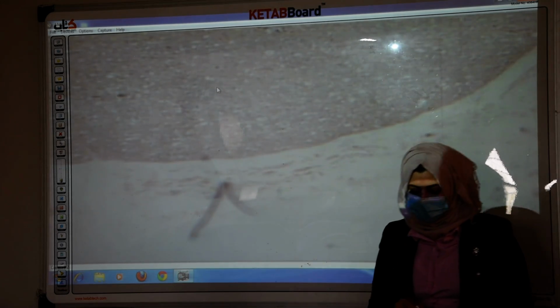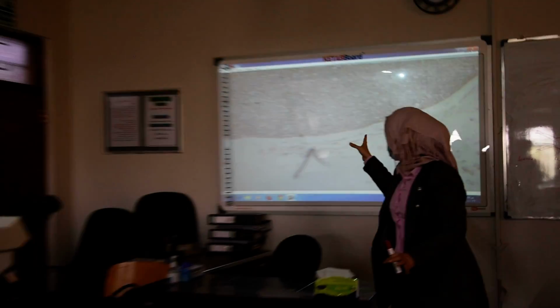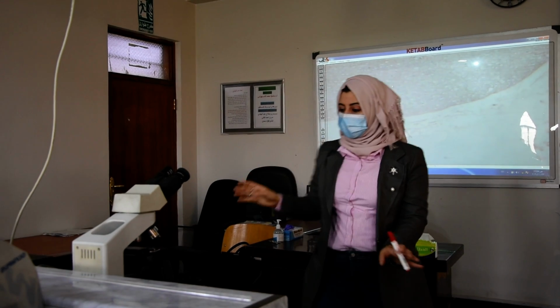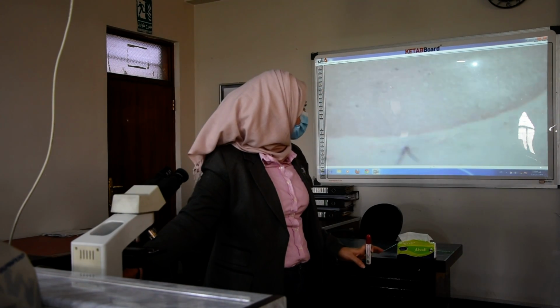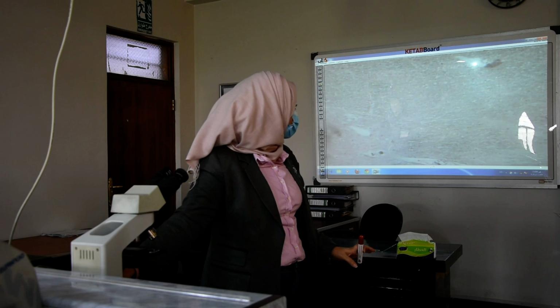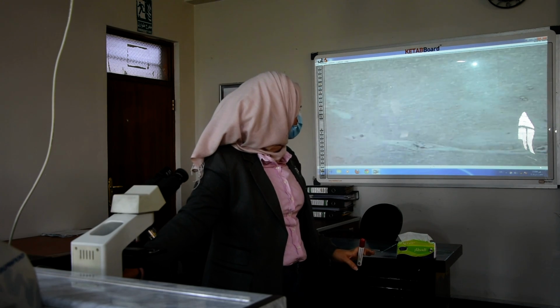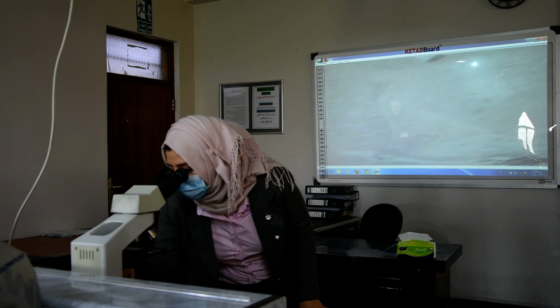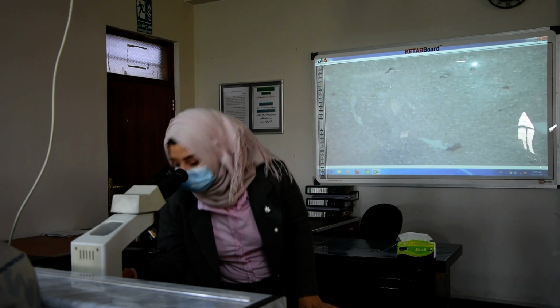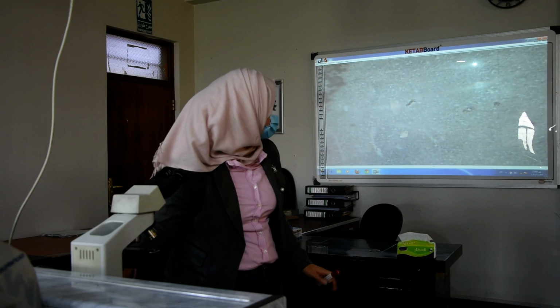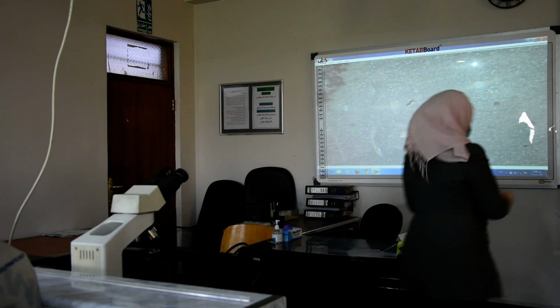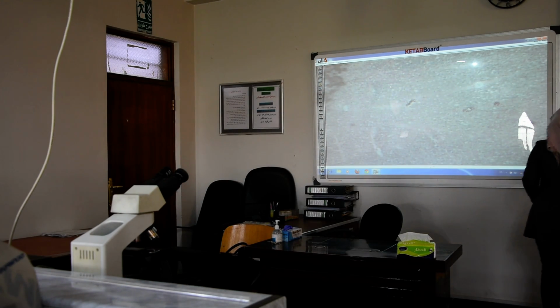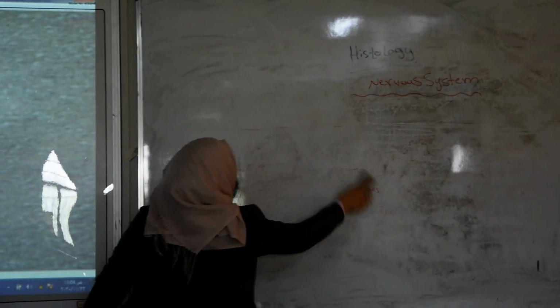Okay, so from outside it's called white matter, and inside, surrounding the central canal, it's called gray matter. Also I can draw it for you.